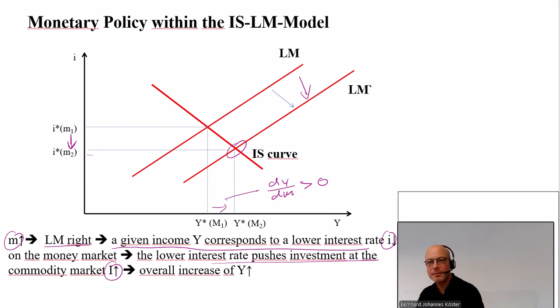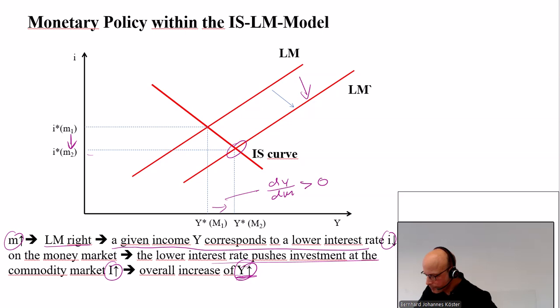But a higher investment, since investment is one component of total income, of GDP, pushes overall income. So also from a qualitative argumentation, of course, I also get this positive dependence.